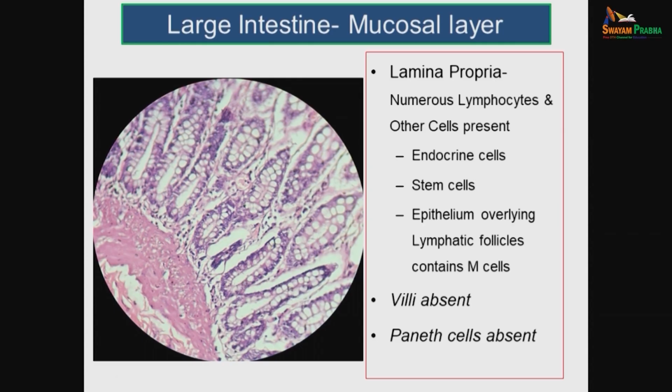With regards to the lymphocytes, in the lamina propria, lymphatic follicles containing M cells are present. Now, these lymphatic follicles you have seen in the ileum also. They are called Peyer's patches there.